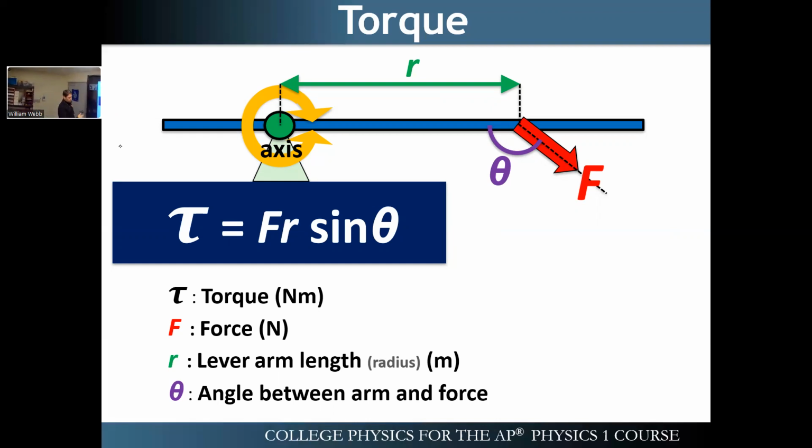And then the F is for force, which we've been using for months, measured in newtons, as you know. R is the length of the lever arm, or the radius from the axis of rotation, measured in meters. And then theta is the angle between the arm length, or the handle, whichever it is, and the force you're applying. So if it's sine of theta, what gives you the 100% value, or multiplying by 1 instead of a decimal number? 90 degrees.